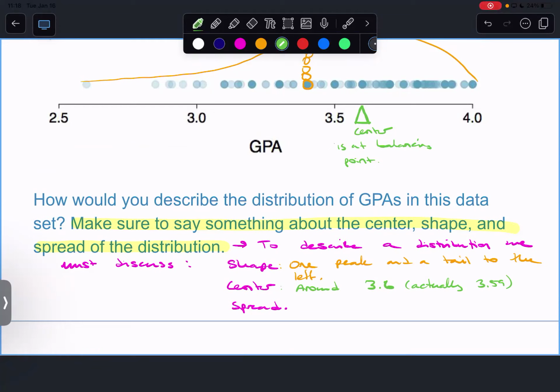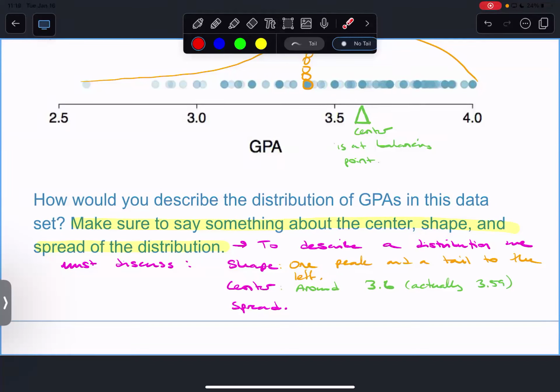Oh, it's hard to know, but rough approximations, right? What are we trying to get at? Well, we're looking at the distribution of GPAs. So when I talk about the center, I'm talking about the most common GPA. What's an expected GPA? Roughly around here. You don't want to say, oh, it's 4, because that is not what this looks like.